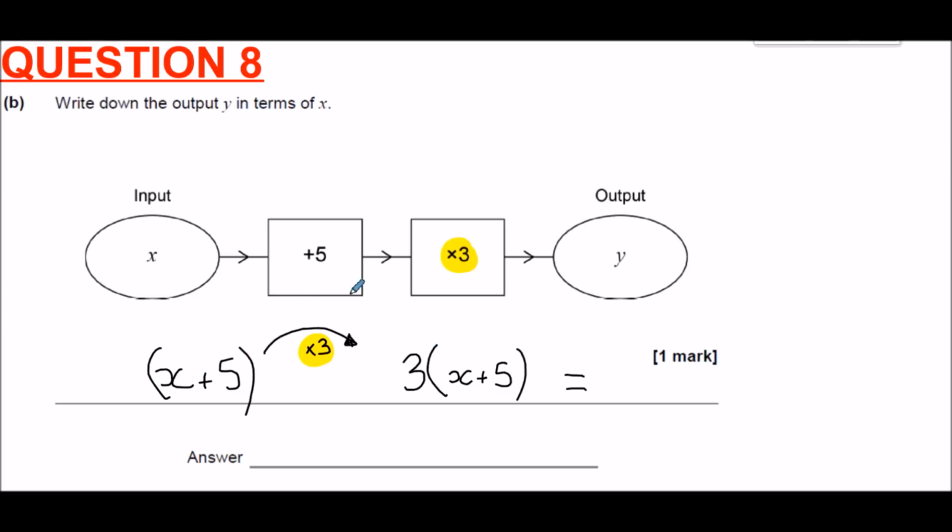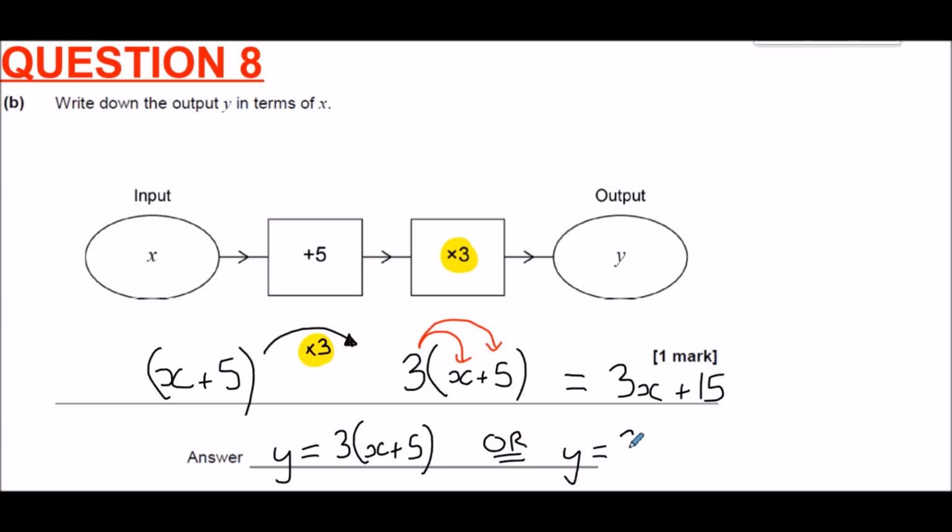If we multiply X by 3 we get 3X, and if we multiply the 5 by 3 we'd get 15. And so we can say that either Y equals 3 brackets X plus 5, or we could say Y equals 3X plus 15. Either option for the answer would be accepted.